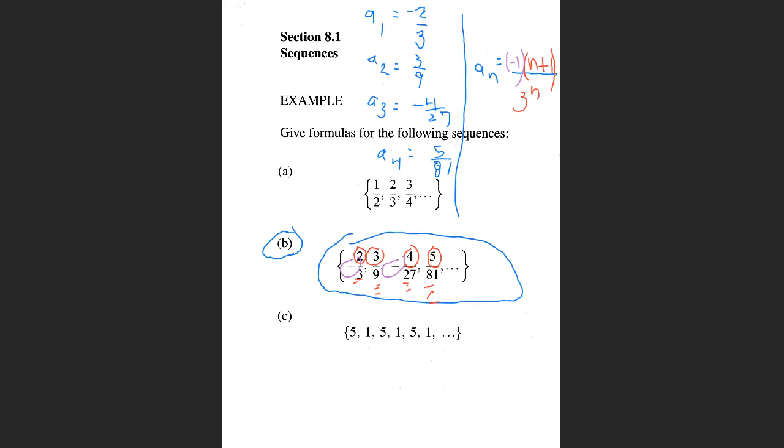Yeah, the change. And Leping said -1 to the nth power. That's right, Leping. Good. So you see how we kind of reason this out? We reason it out, and that's going to be the answer.